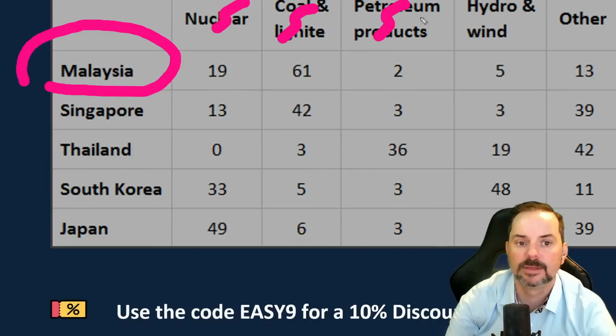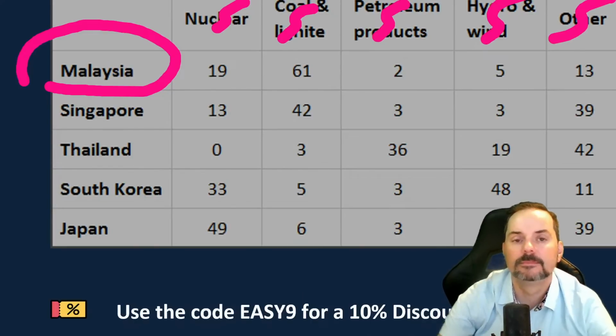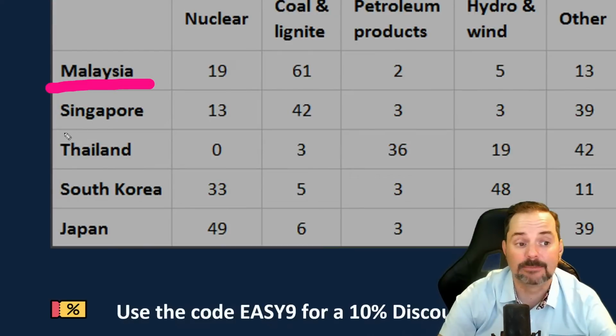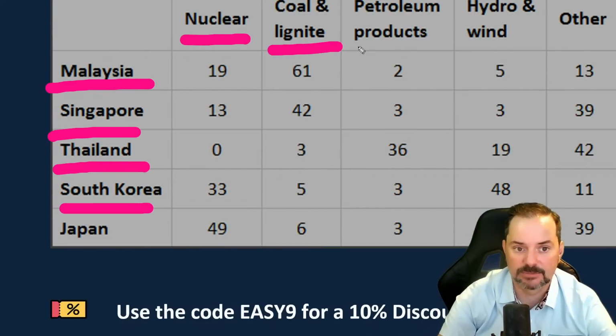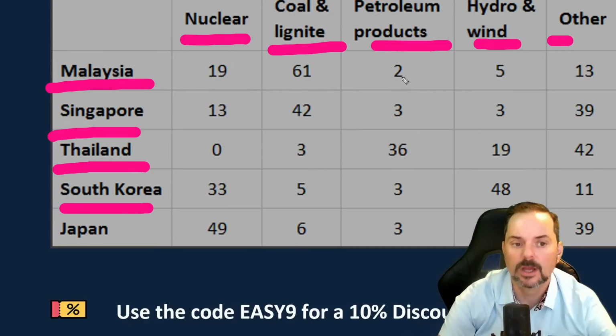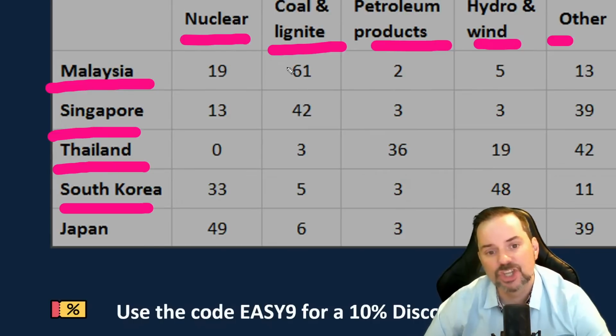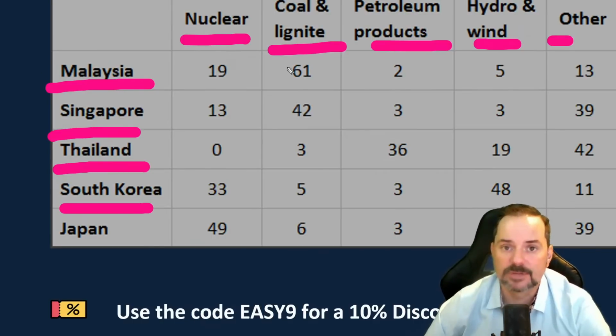But here we've got two nominal data: the country names and the power names. So these would be pie charts, and we have percentages. Percentages, proportions are generally best represented as pie charts.